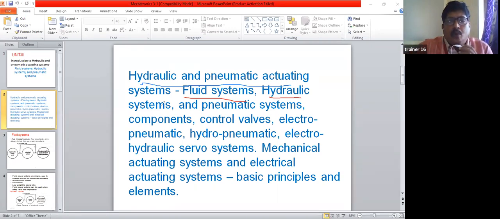And then there are so many components, which we will discuss in the next one. Control valves, electro-pneumatic. Electro-pneumatic means the pneumatic system is combined with electro, that is electrical and electronics. And hydro-pneumatic means a combination of both, dual mode.